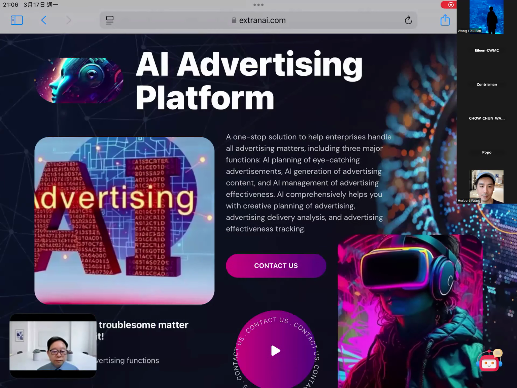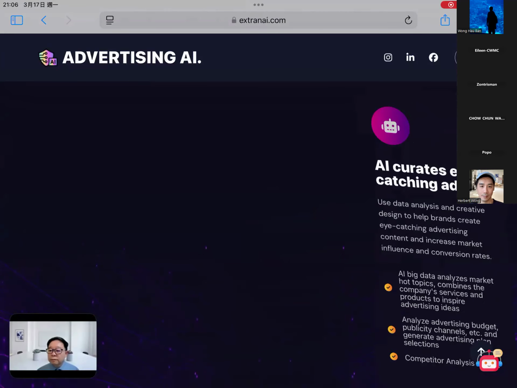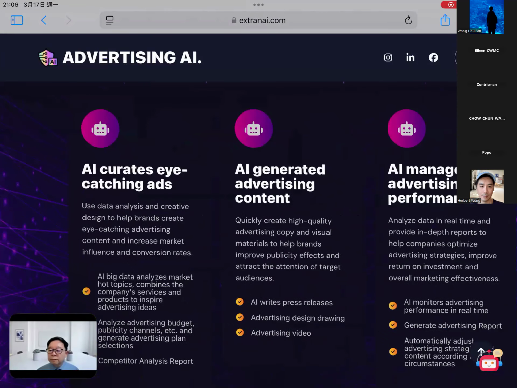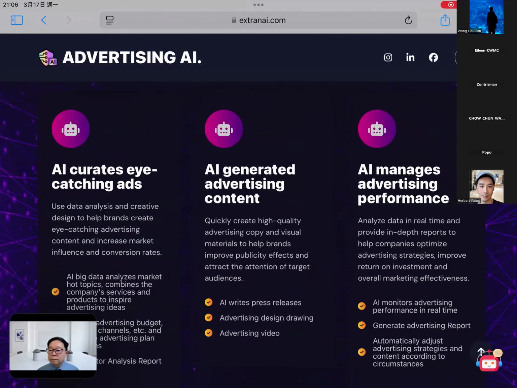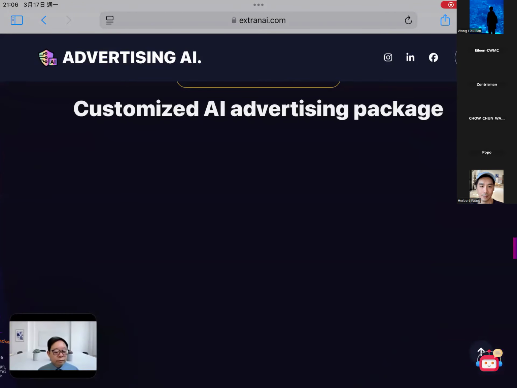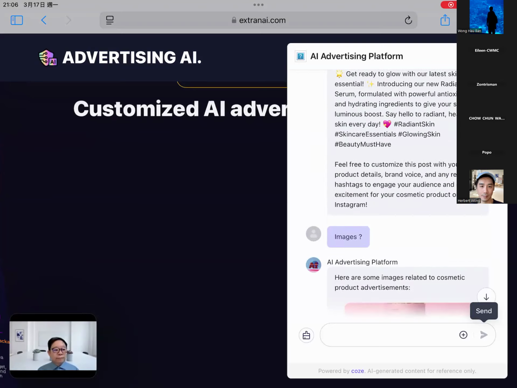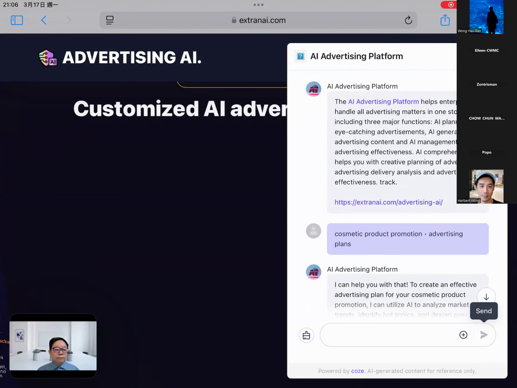You can see our AI advertising platform has three core functions. The first is how to use AI to create eye-catching advertisements. The second is how to use AI to generate advertising content. And finally, how to manage the advertising performance. It's really easy to use this AI. I use that as an example, clicking the AI on the bottom side. That's one of the examples I do today.